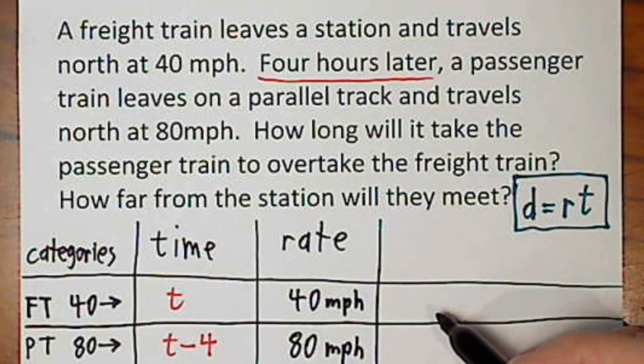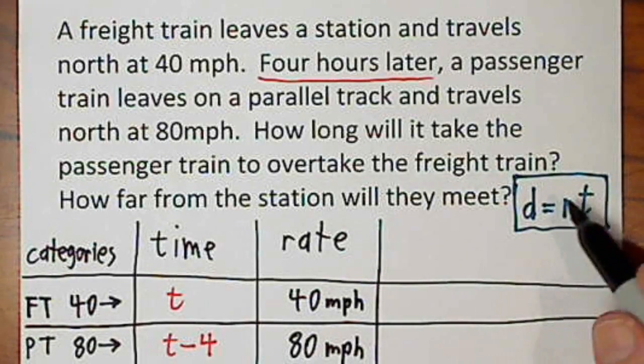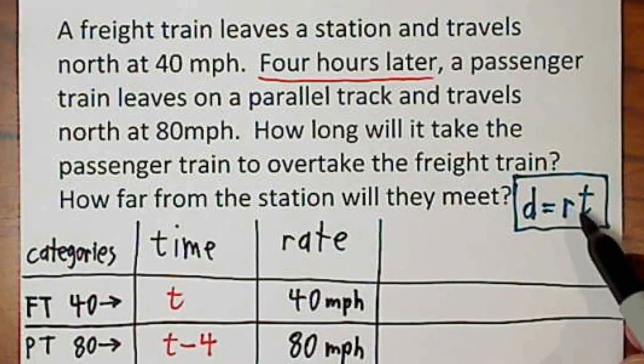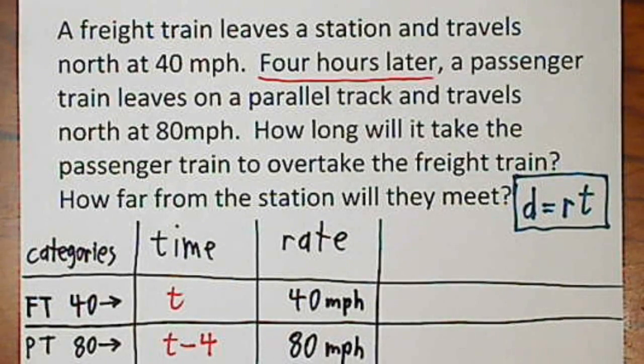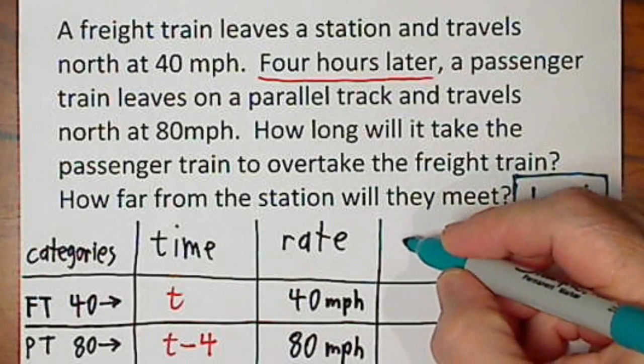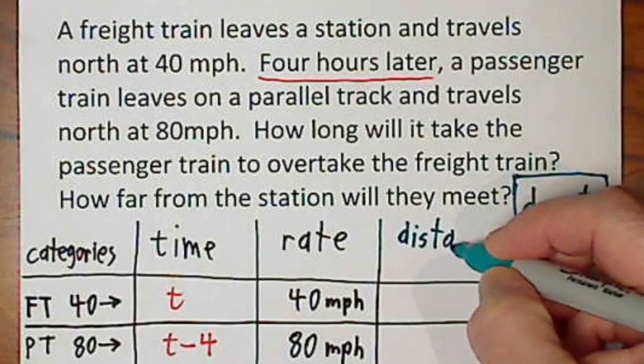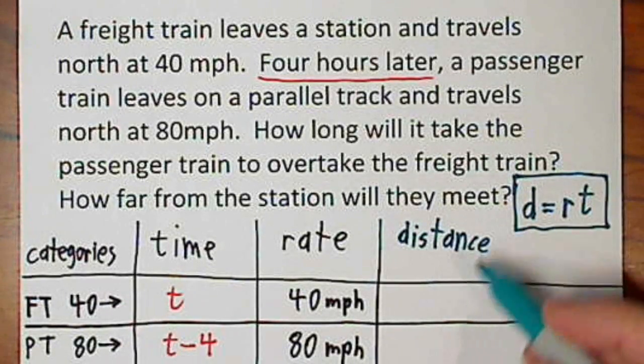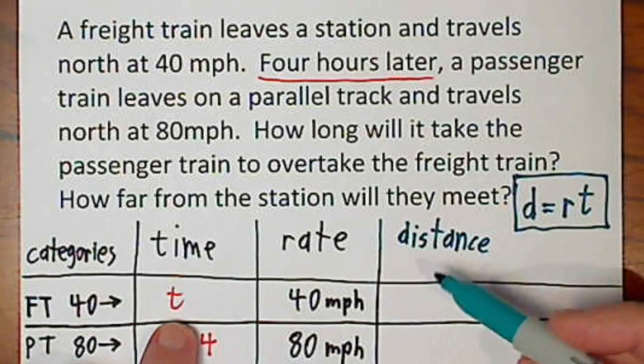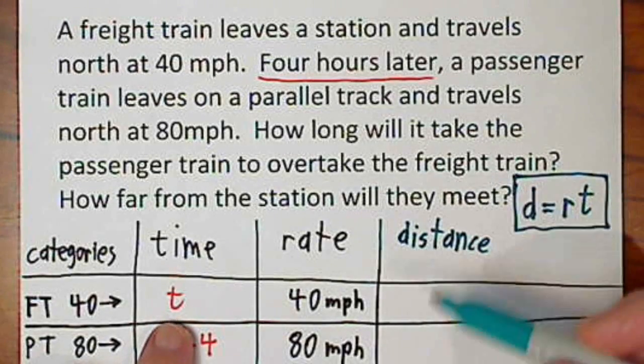And what else do we have? Distance is equal to rate times time. Okay, so over here I'll say distance. But I really don't know the distance yet. In fact, that's what I'm trying to find out, is the distance.